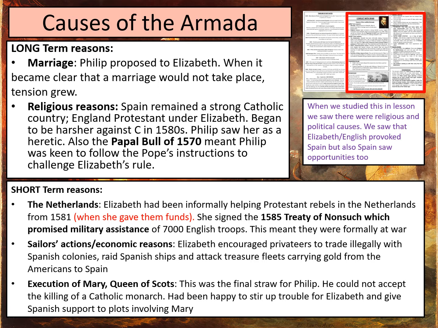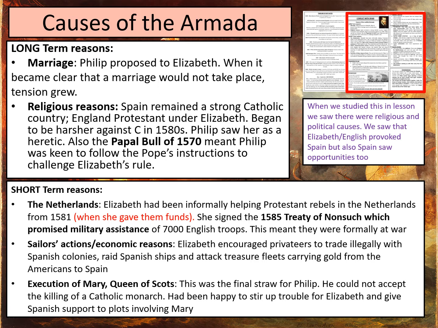And he'd hoped that relationship could continue. He'd marry Elizabeth, he could influence her religious settlement and also continue to have that influence over England. When we got into the 1560s, it became very, very obvious that a marriage between himself and Elizabeth would not take place. And that led to growing tensions between the two countries as Philip's plans were thwarted.